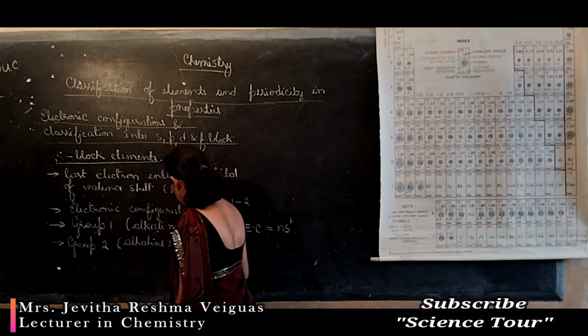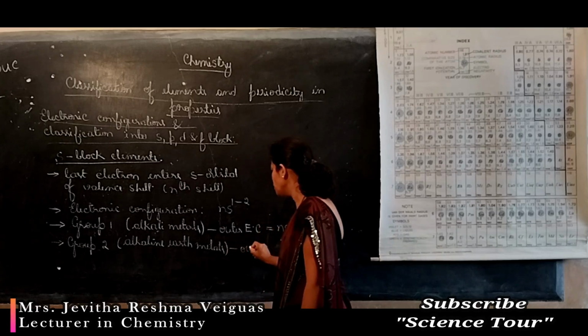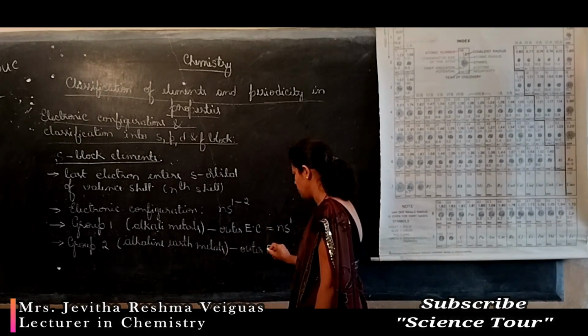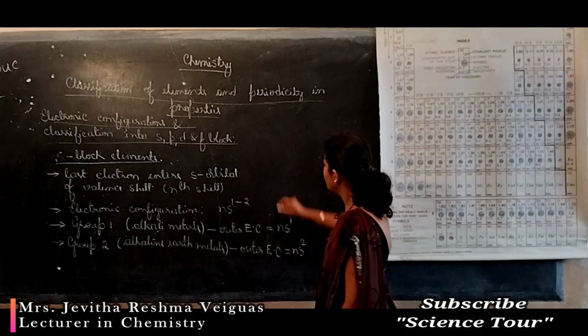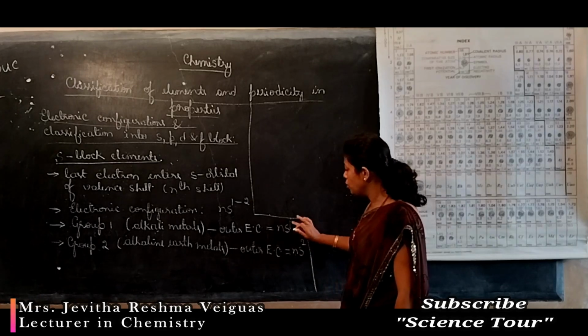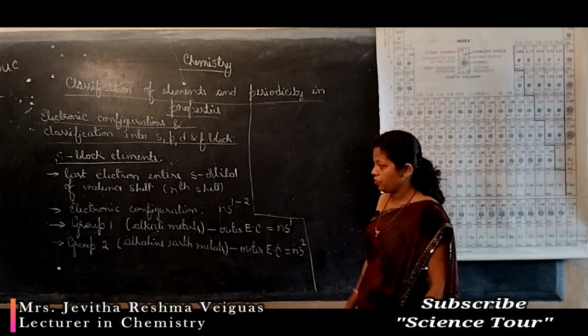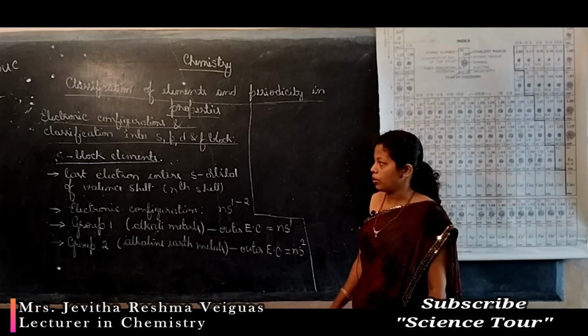These alkaline earth metals have outer electronic configuration as ns2, means they have 2 electrons in the outermost electronic shell. These 2 groups belong to the S block. Why?